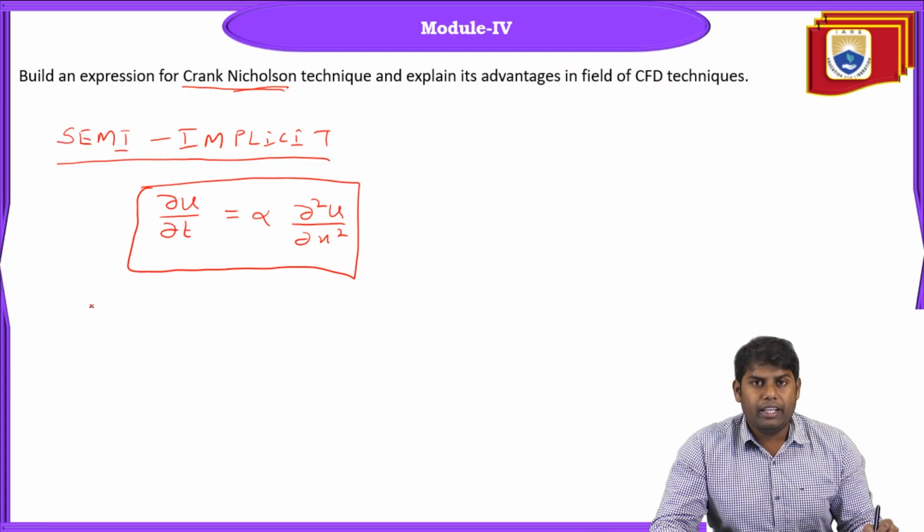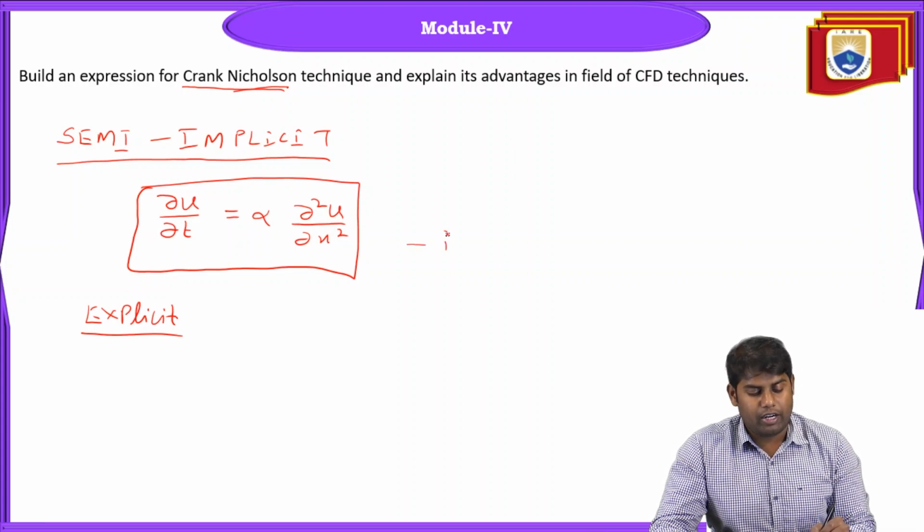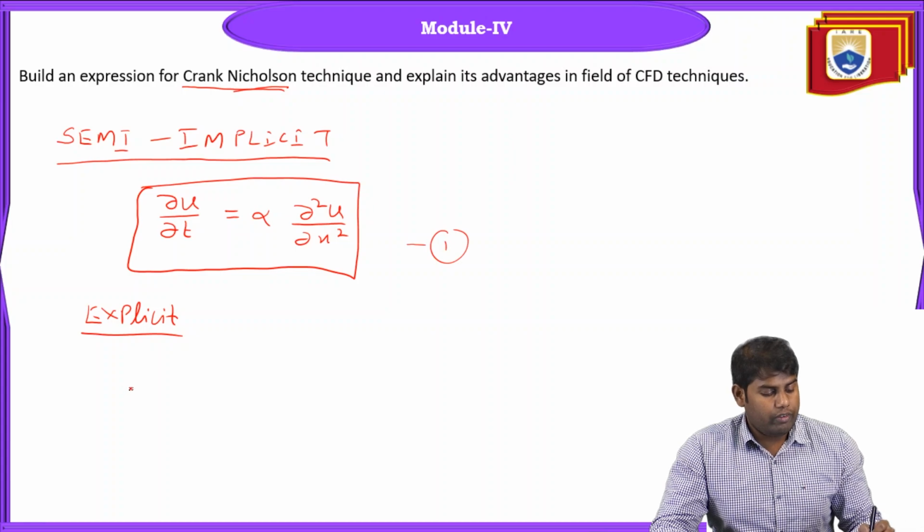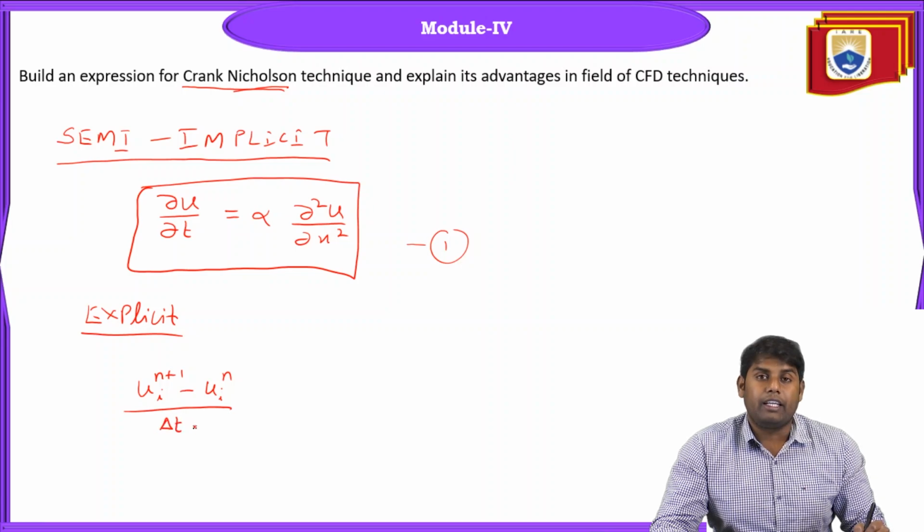So for the explicit method, how do we discretize this equation? We will write index notation where the first term is u of i to the power of n plus 1 minus u of i to the power of n, divided by delta t.